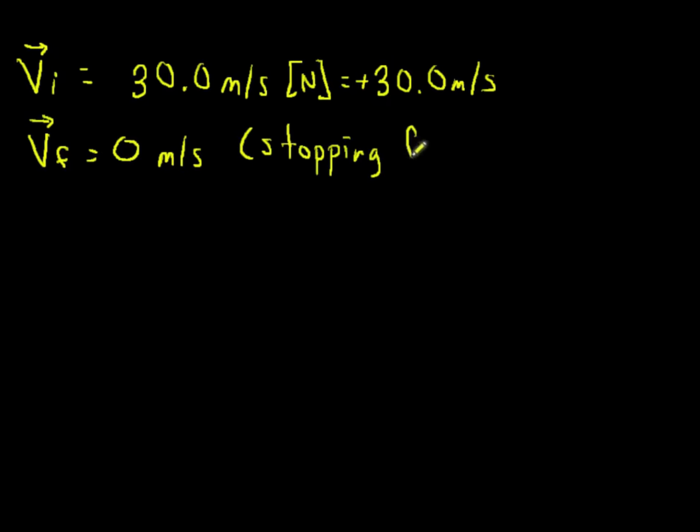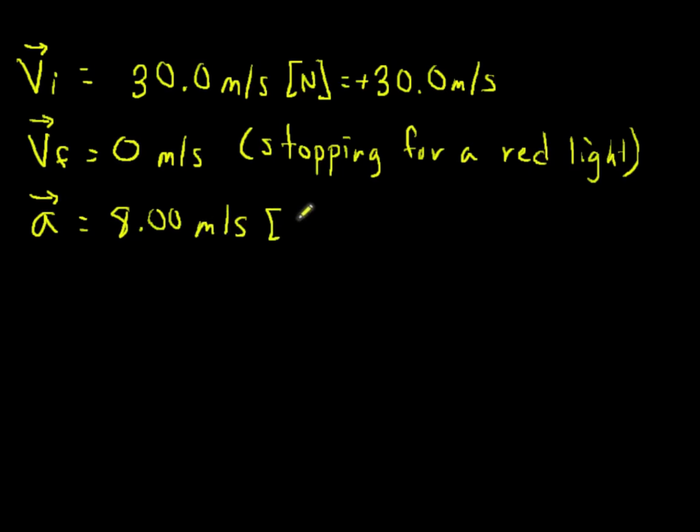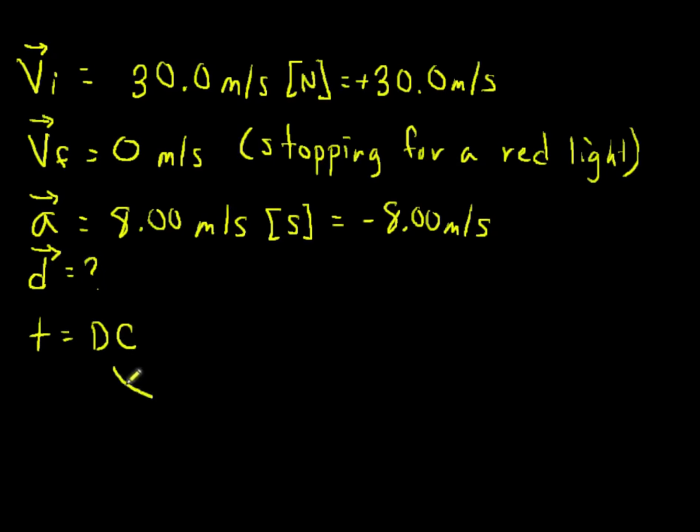Stopping means 0 meters per second. The acceleration is 8.00 meters per second to the south, which is negative 8.00 meters per second. Displacement is our unknown, and t is the variable we don't care about. It's not mentioned in the problem at all.